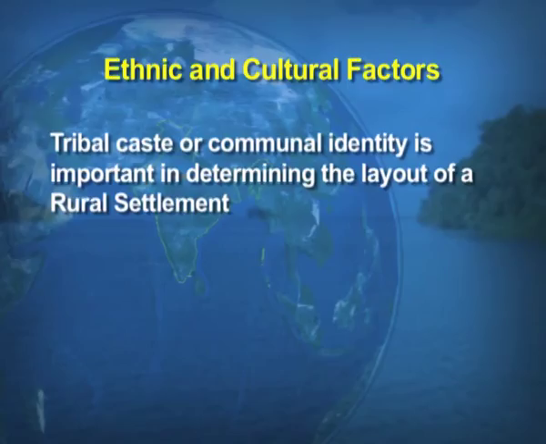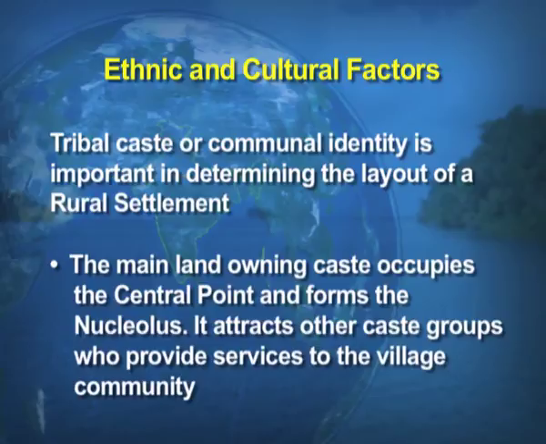Now, we take up the second type of factors, that is the ethnic and cultural factors. These factors are very important for the rural areas in determining the layout of the rural settlement. The main land owning caste occupies the central point.